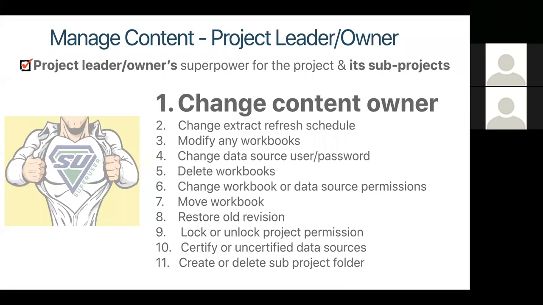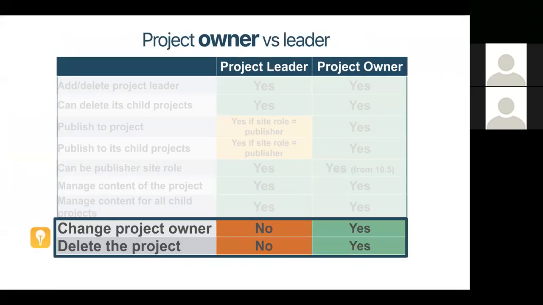I can do anything, everything about the workbook. Pretty much the project leader has the same privilege as the content owner, but more than that actually, because the project leader can manage the permission at a project level as well. But for the content in the project, the project leader can do anything, everything. You can think that way. Now, what is the difference between project owner versus project leader?